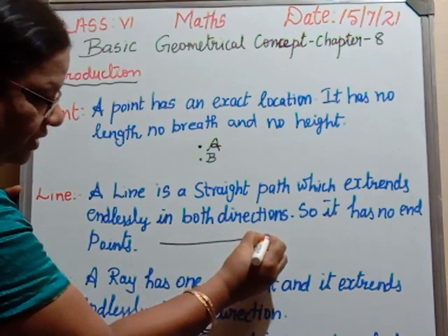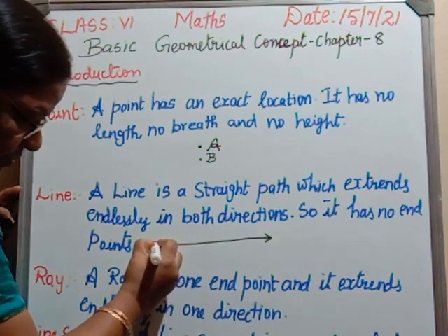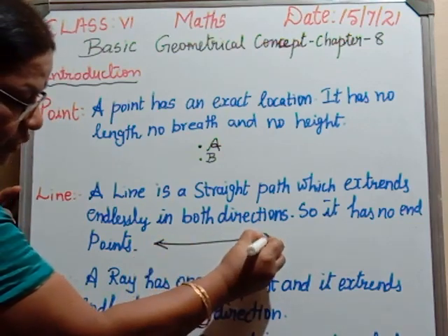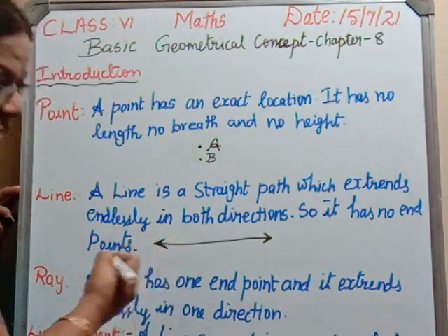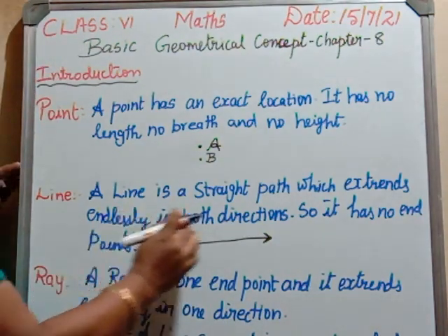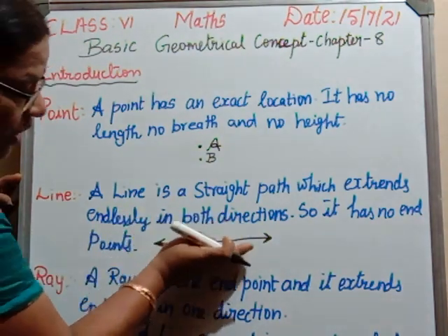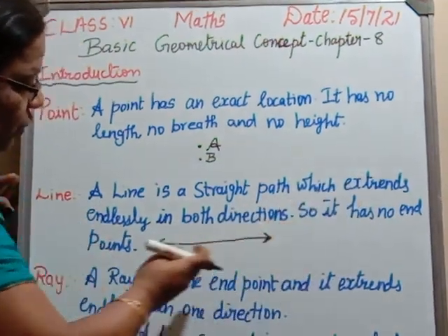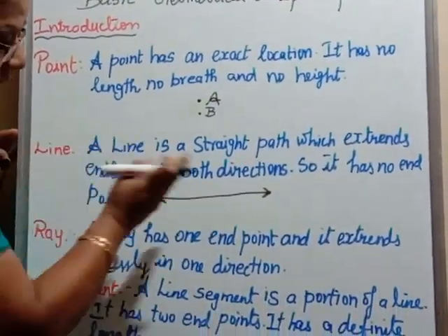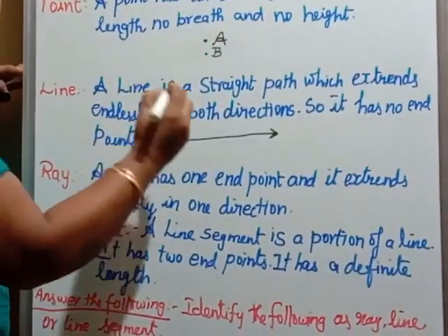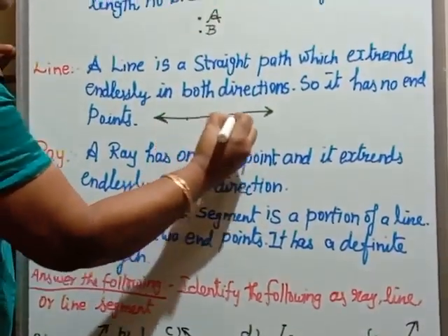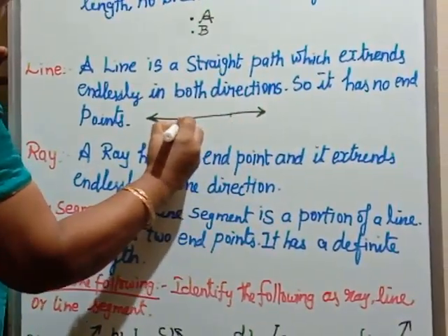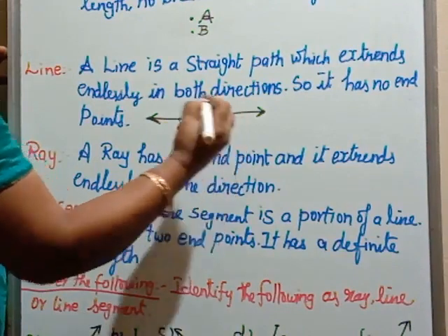See children, this is a line. Here we have to put an arrow mark on both sides. You can extend it to the right side also, left side also. There is no end for the line. If you want to mark points on it, we have to keep them in between.